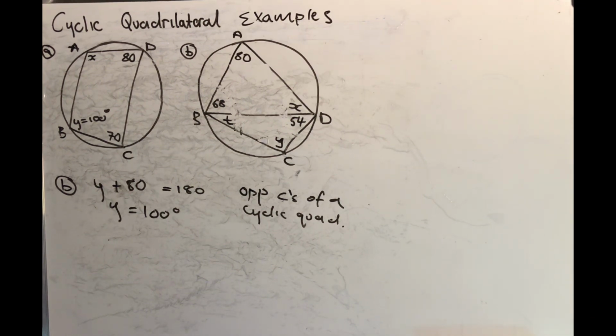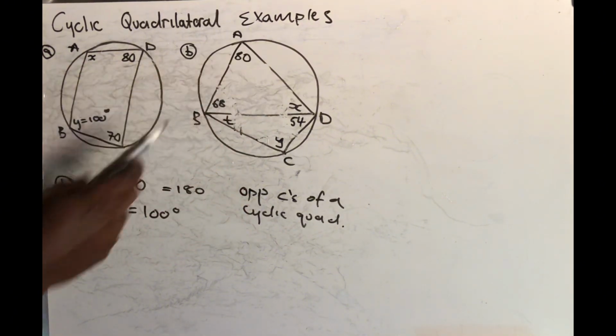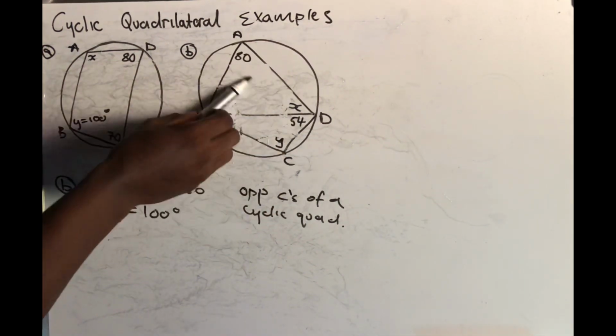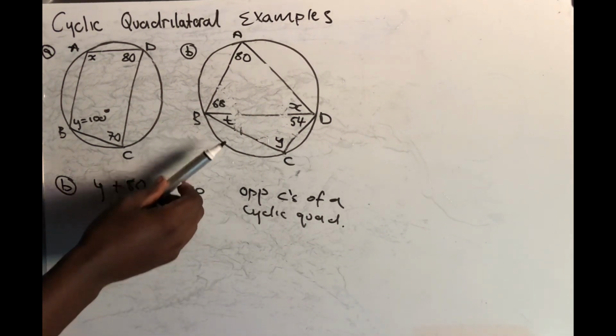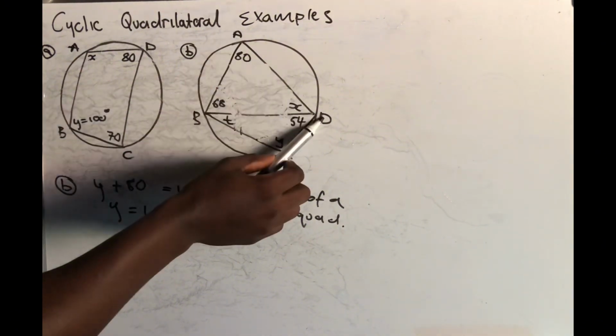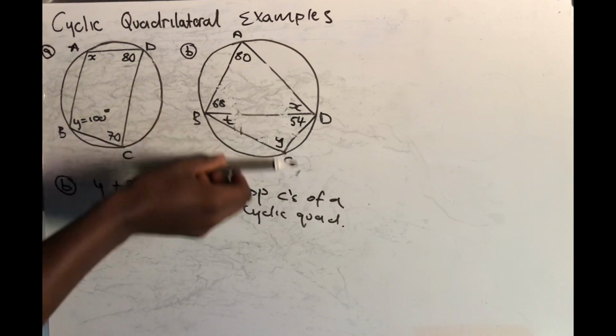So if we look at the value of x, where x lies on this side of the two triangles. You can see we have two triangles. Let's look at the two triangles that we have. We have BAD, the top one, and we have BDC, the bottom one.